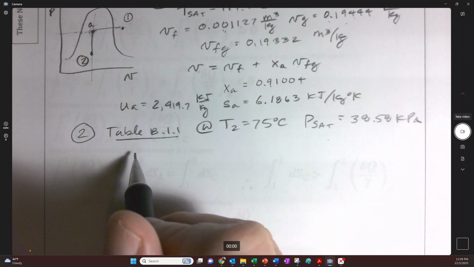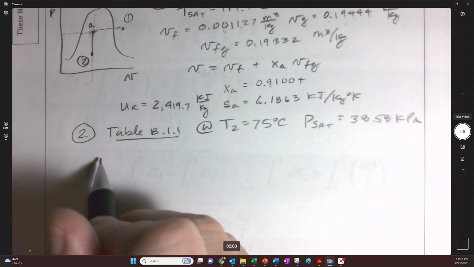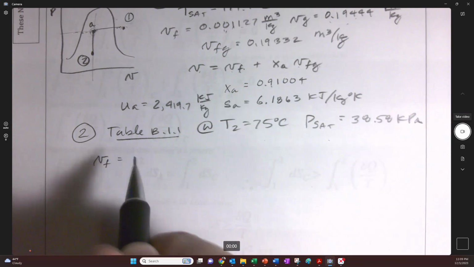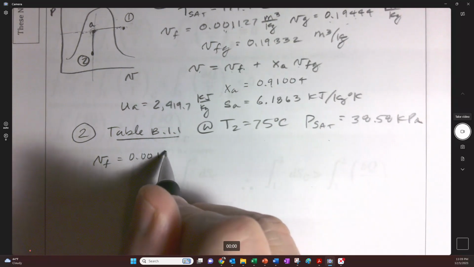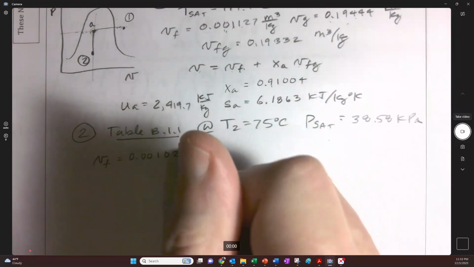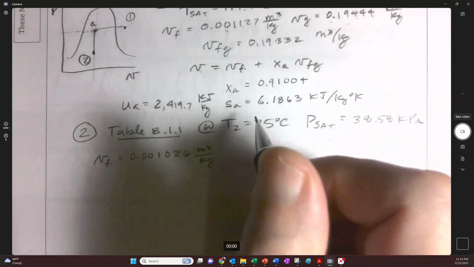And let's see if it's still a vapor mix. We can hope it's a vapor mix. It'd really be a mess for us if not. So we take a look at that location. VF is 0.001026. Okay, good news. It didn't become a liquid. I didn't think it would, but you didn't know.